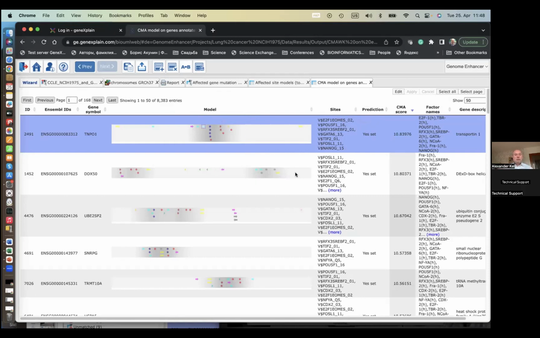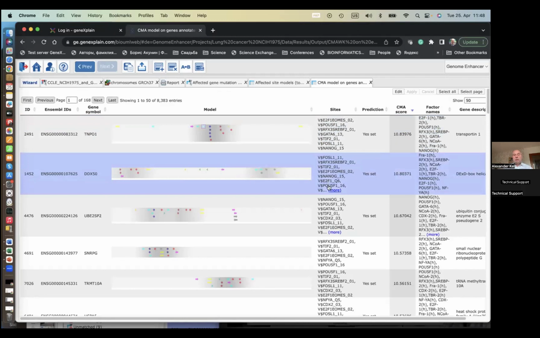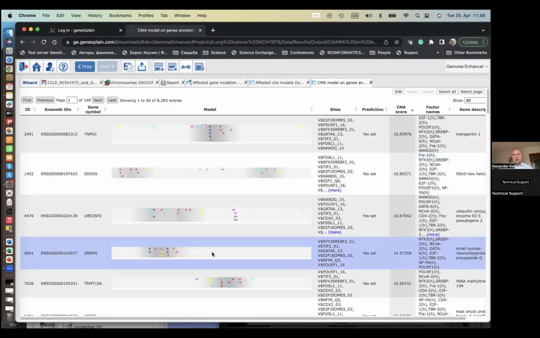And you see sometimes these are more distributed. Here you see more sites, but they're more distributed along the promoter. Sometimes they are more clustered, as in this case. And then you get information about which sites are really located in the promoter of that gene. Right. Okay.